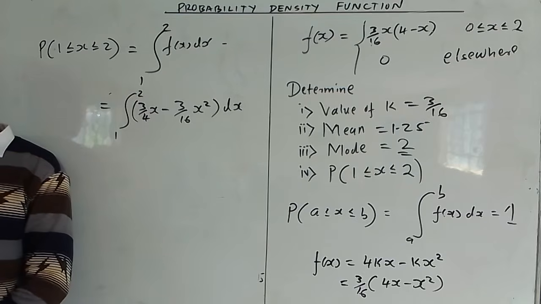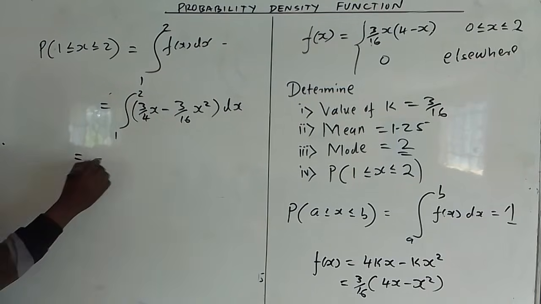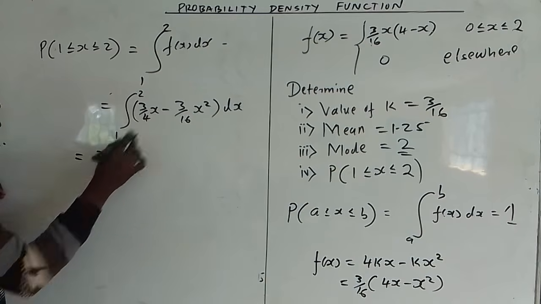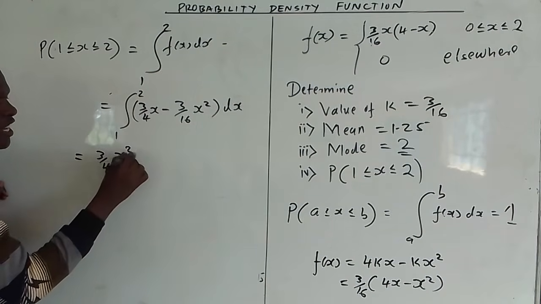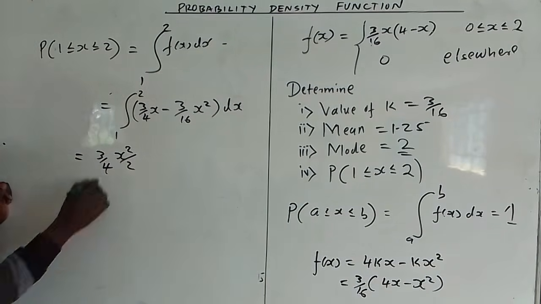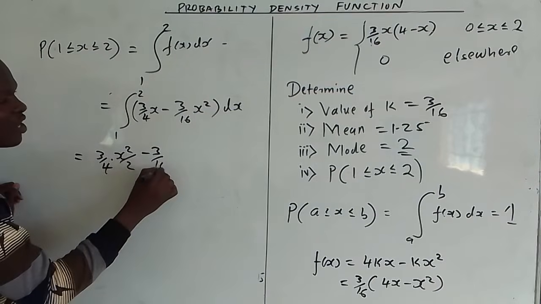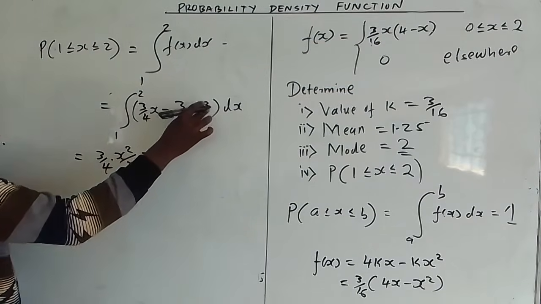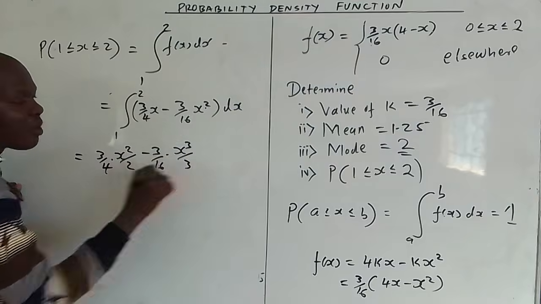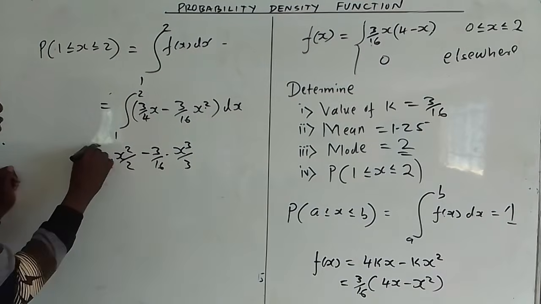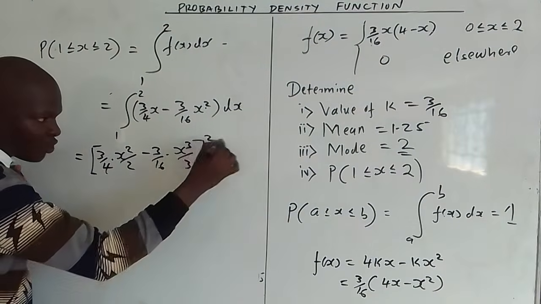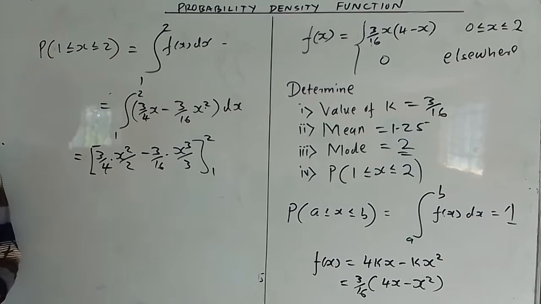Are we together? So what do you get? Start integrating. 3 over 4, if you integrate x, you get x squared over 2. Then it is minus 3 over 16, if you integrate x squared, you get x cubed over 3. Then you put your interval from 1 to 2, isn't it?